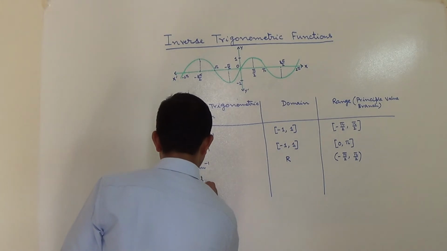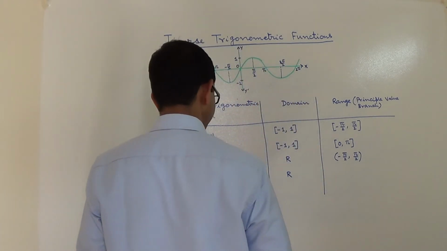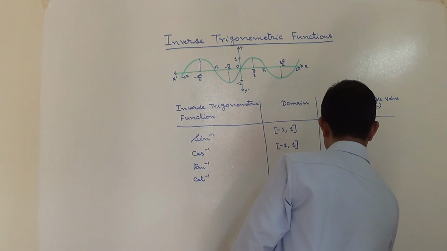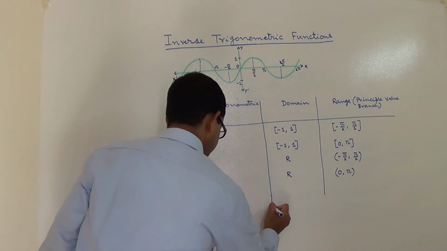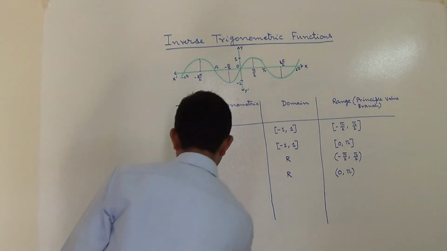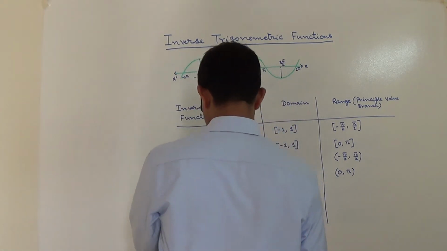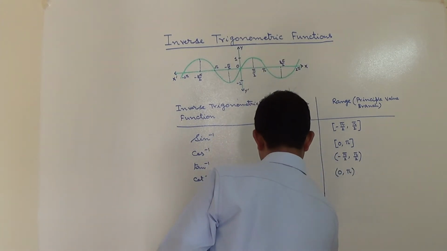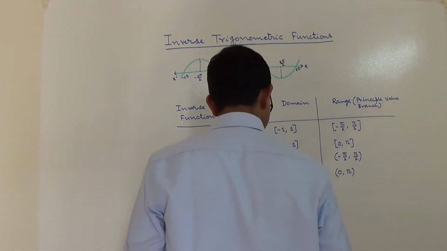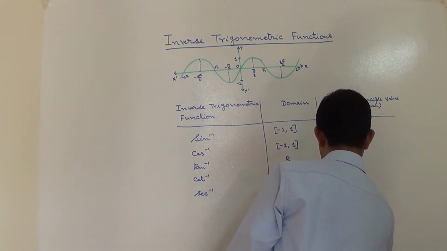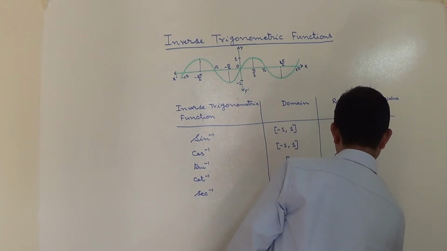Then the function cot inverse, its domain is R, just like tan inverse, and the range is the open interval 0 to pi. The function sec inverse has the domain the set of real numbers minus the open interval -1 to 1, and its range is the closed interval 0 to pi excluding the element π/2.